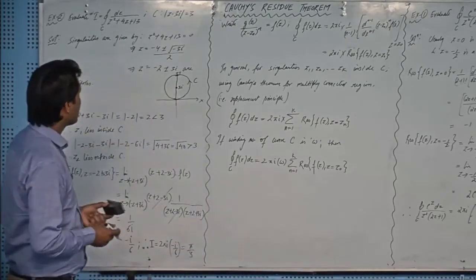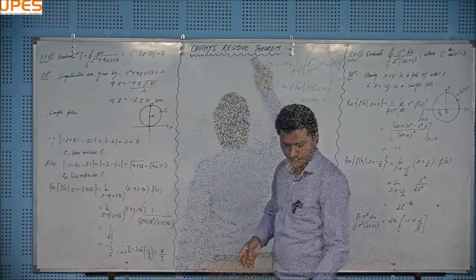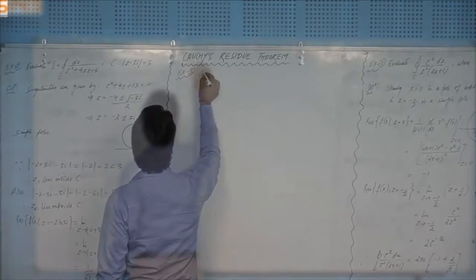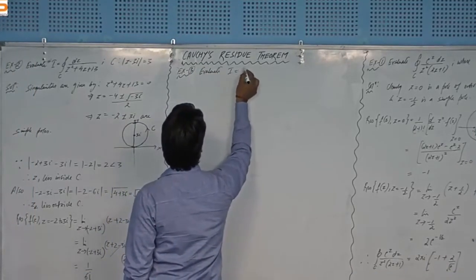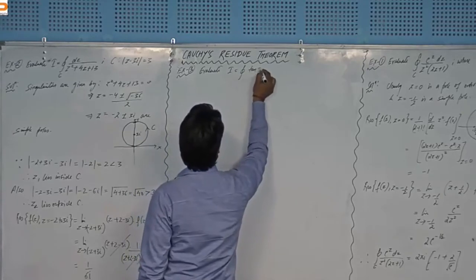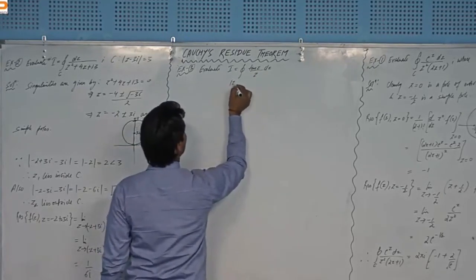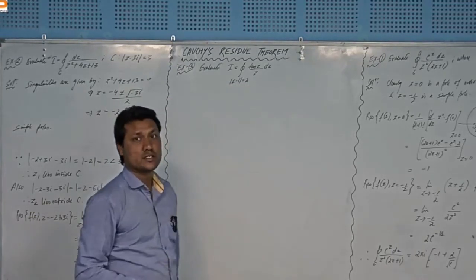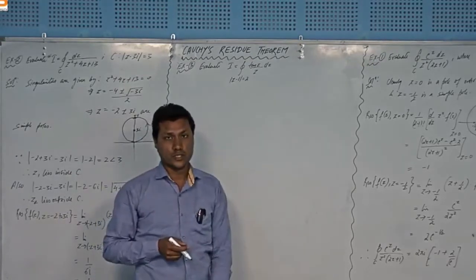Okay, taking next example. Example number 3, evaluate I equal to the integral of tan z over z dz, and the circle is mod z minus 1 equal to 2, right? You can see that the circle is centered at 1 and the radius is equal to 2, right?